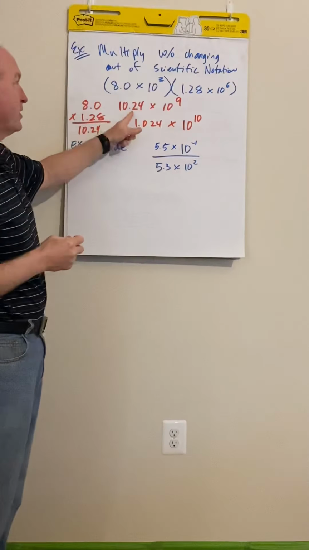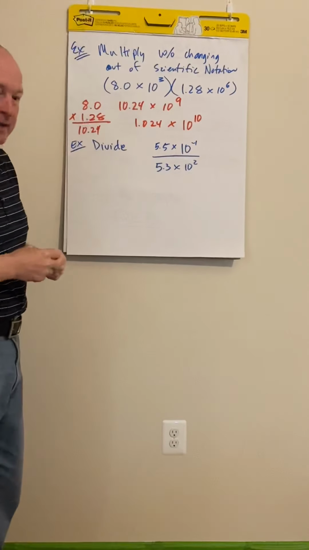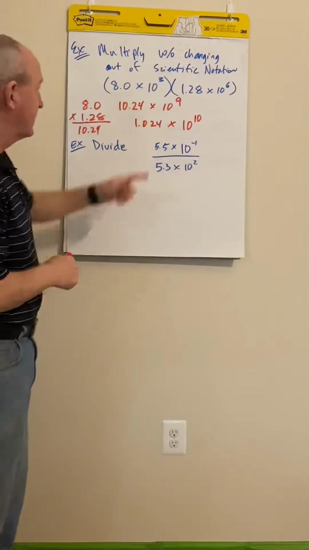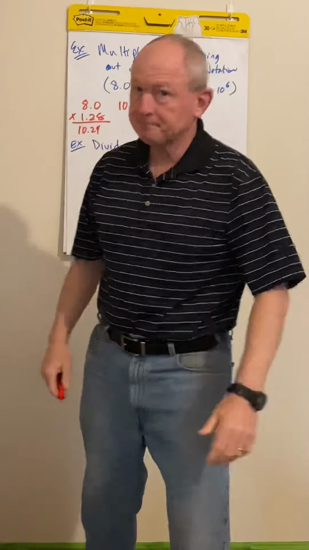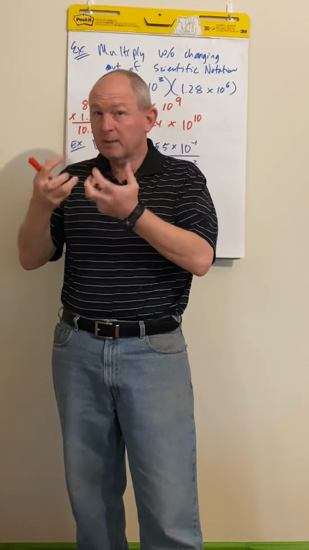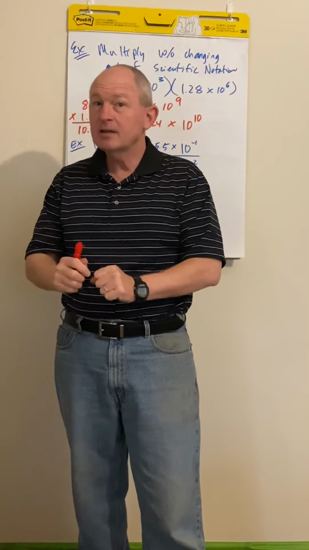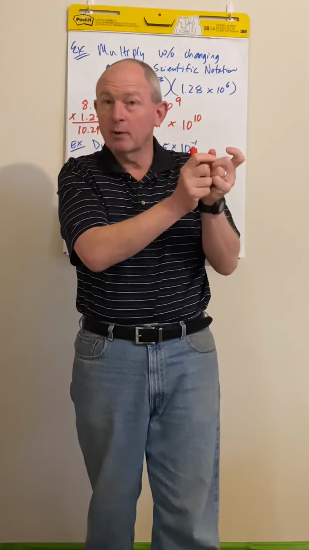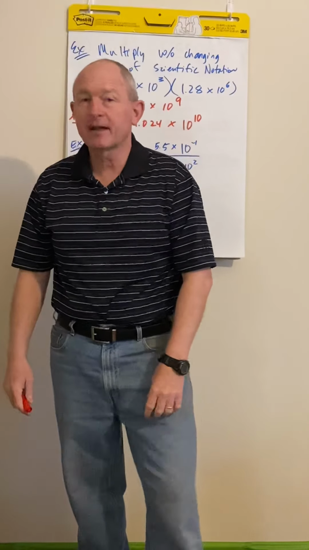So 10.24 times 10 to the 9th is the same as 1.024 times 10 to the 10th, and that is the right answer. So in order to multiply numbers in scientific notation, we multiply the decimal parts, get the decimal answer, then we add the exponents in the powers of 10 part. Pretty simple. It's a lot simpler than it looks.